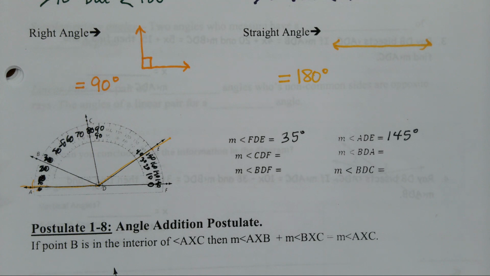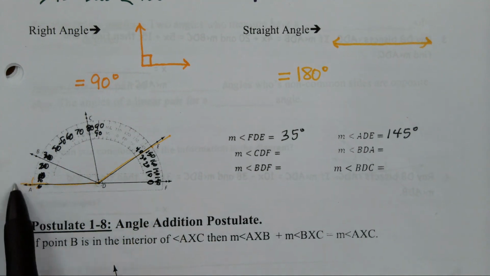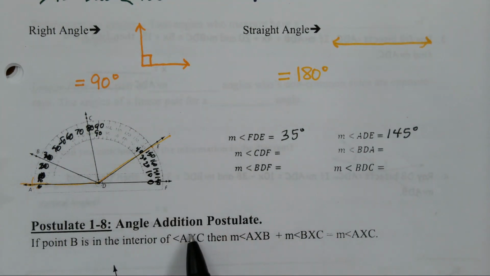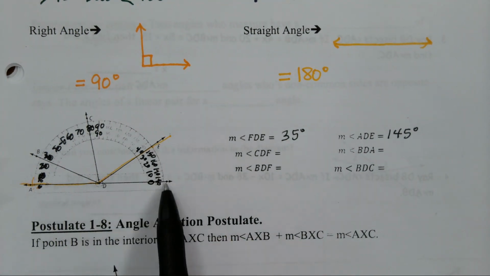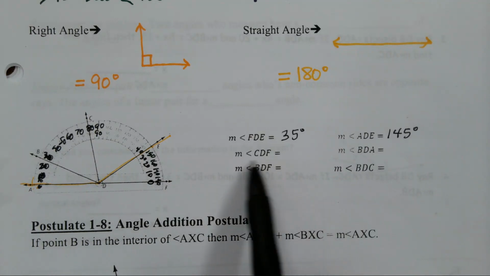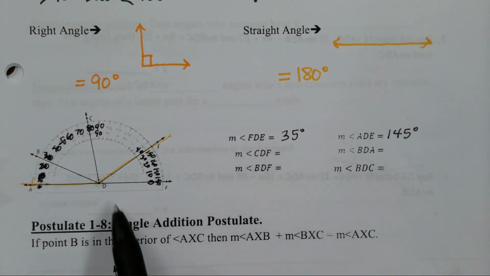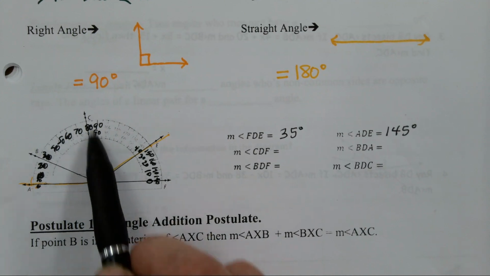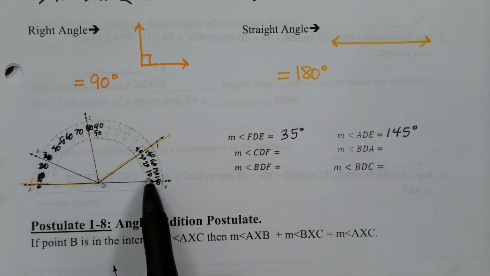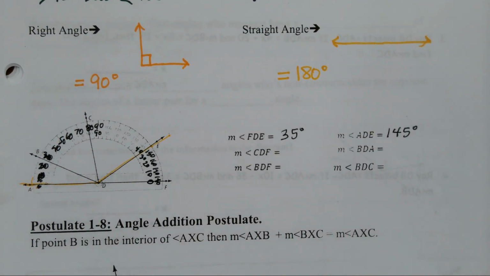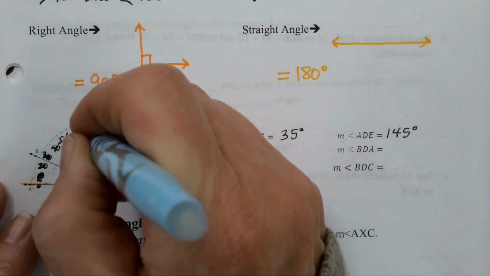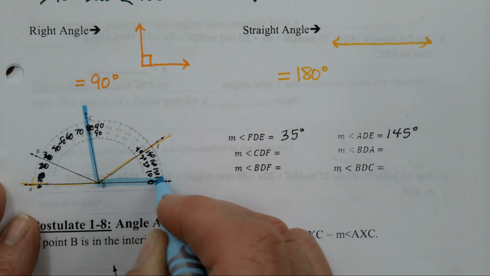When I'm measuring something that is starting not at 0, like ADE started at 0, FDE started at 0, the F came first. When I'm measuring something like CDF, look at the picture carefully. So angle CDF is here.